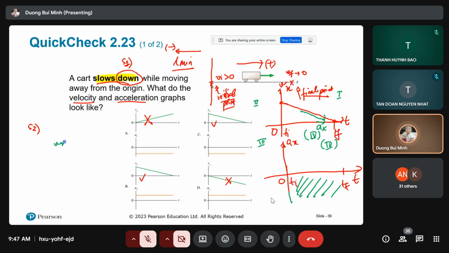Because we mentioned before, Vx is different from Ax. So if we move Ax to the fourth quadrant, Ax is somewhere here. So the correct answer should be here.